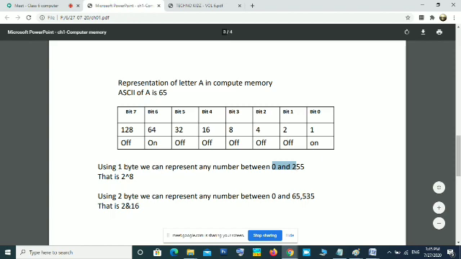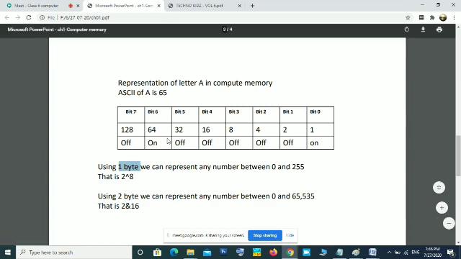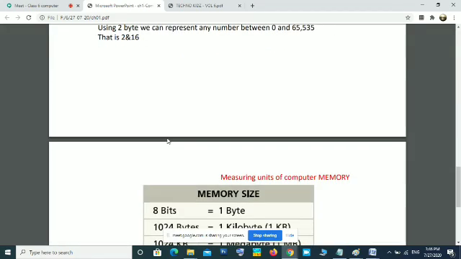That means 1 byte is a group of 8 bits, starting from 0, 1, 2, 3, 4, 5, 6, 7. This group of 8 bits is called 1 byte. A 1 byte can store a number 0 to 255, or any alphabet or any character on your keyboard.